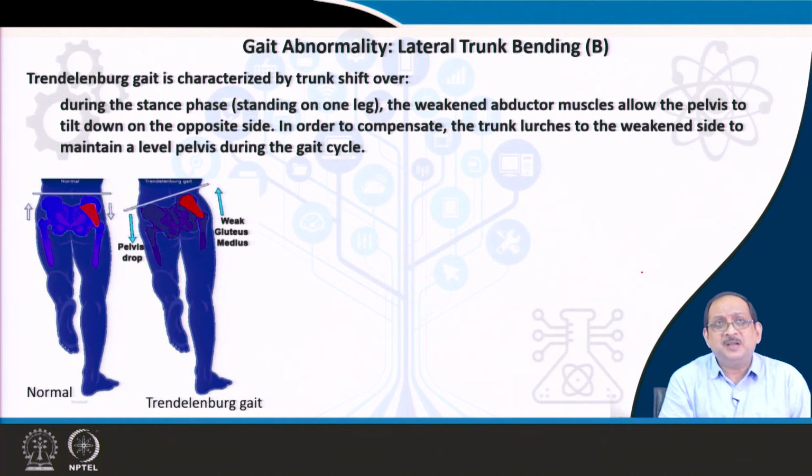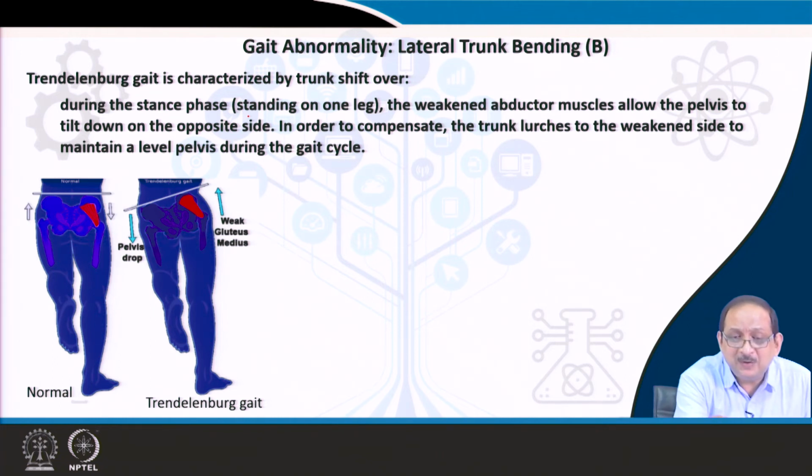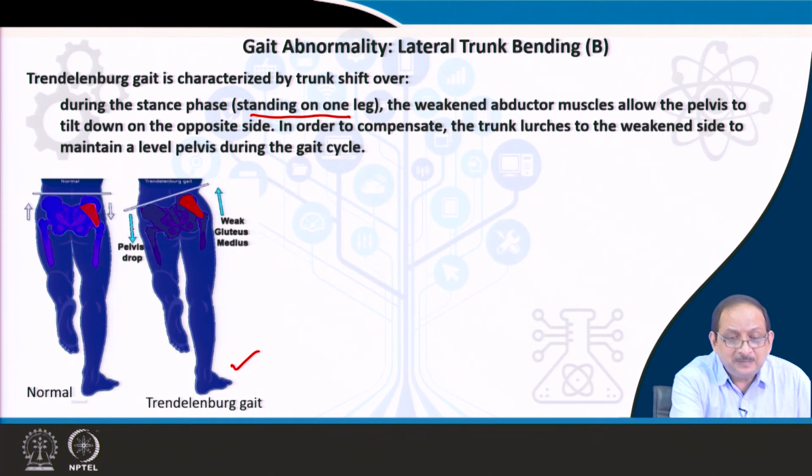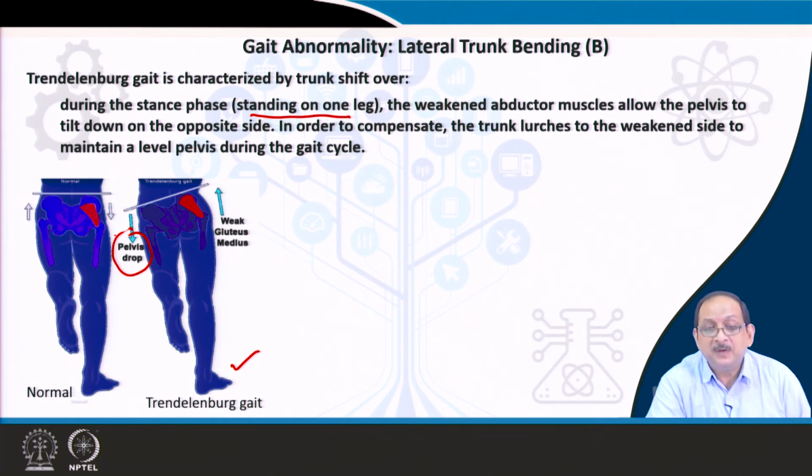In this type of gait abnormality, we see that during the stance phase, when standing on one leg as indicated here, the weakened abductor muscle allows the pelvis to tilt down on the opposite side.